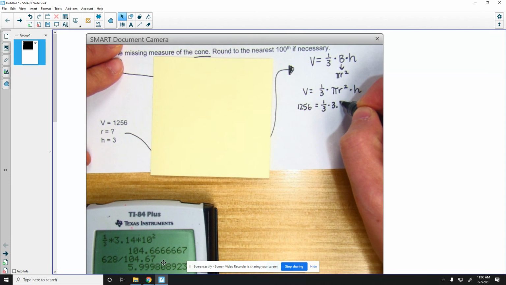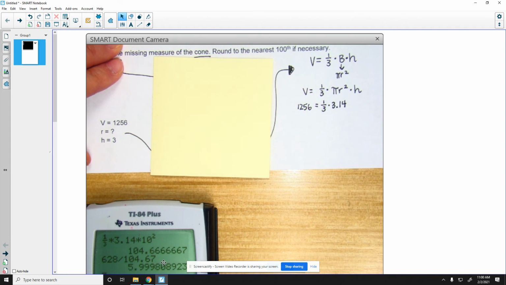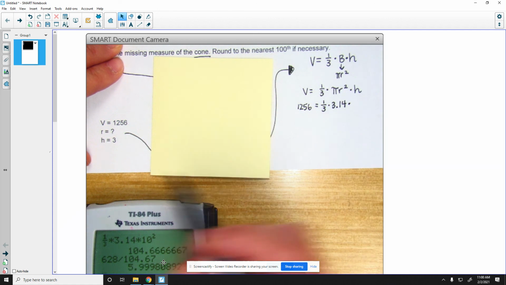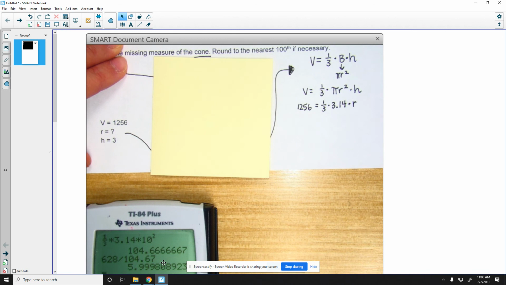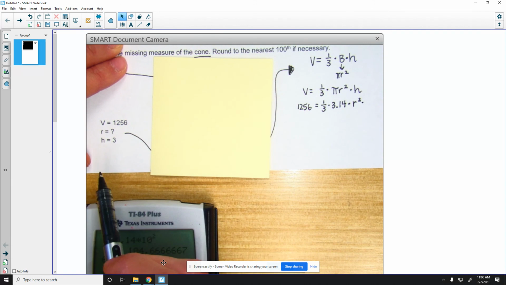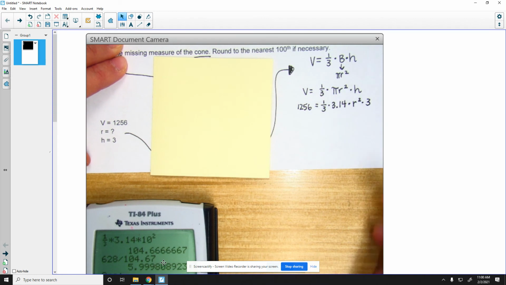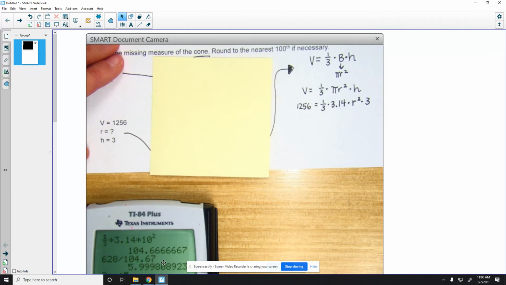Pi is just a number, so recopy 3.14 times r. Let me look at what they gave. Oh, r, question mark. I don't know what r is, so I'm going to write r, because I don't know what r is, squared times h. H, so look here. What number did they say h was? 3. Okay, so finish copying that down, and then I'll solve it the same exact way as I solved the other one.